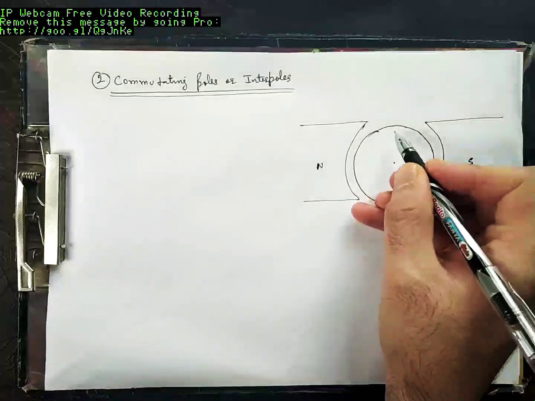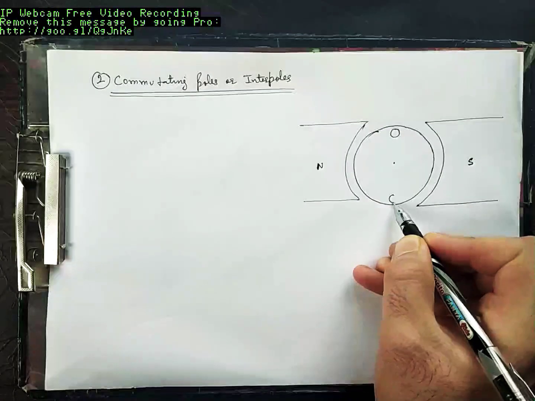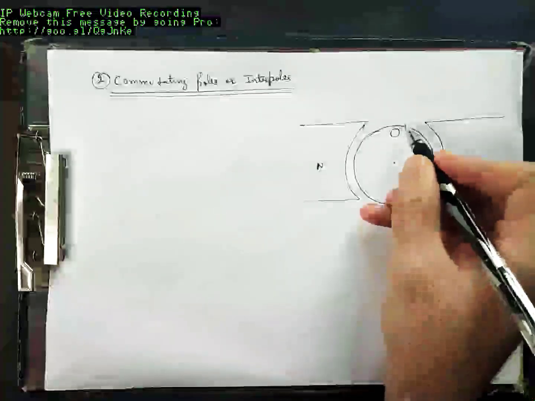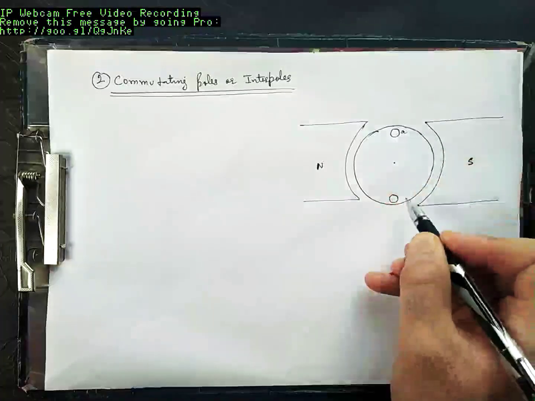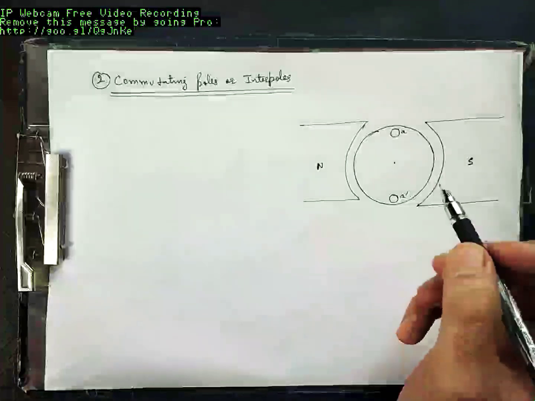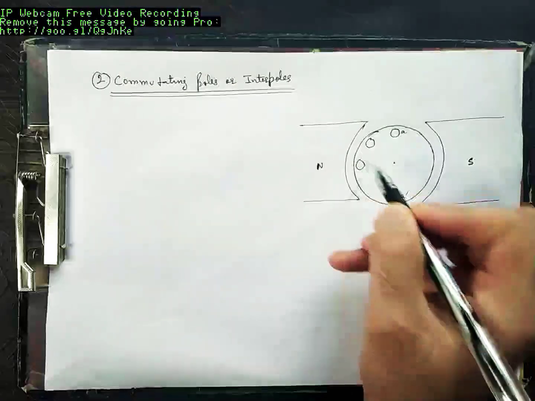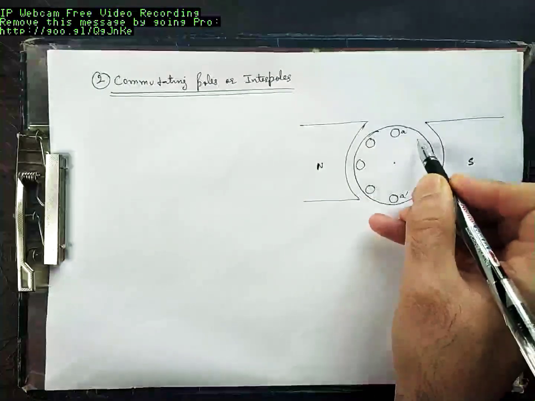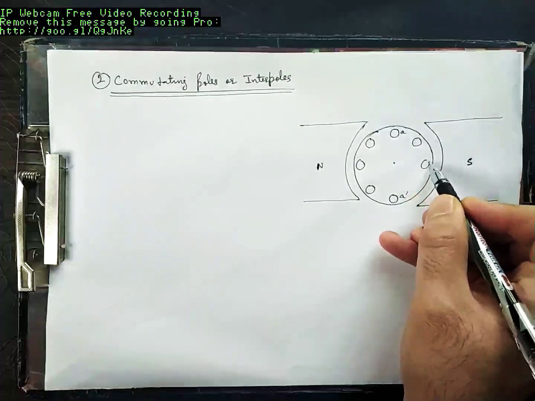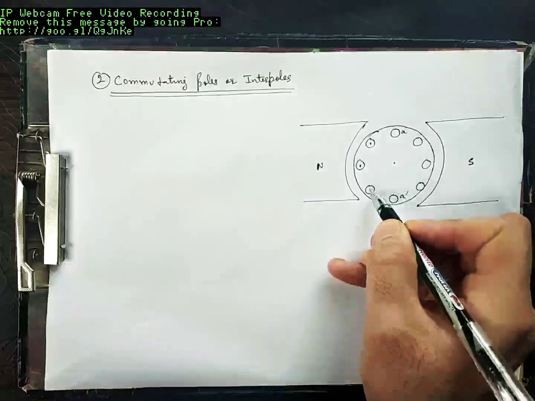Normally, when there is no current through the machine, these two conductors, I will call this A and this A prime, are lying along the magnetic neutral plane. There will be a dot under the north pole for anti-clockwise rotation.